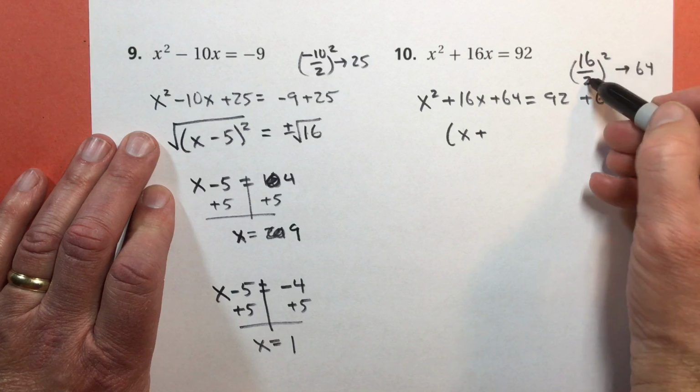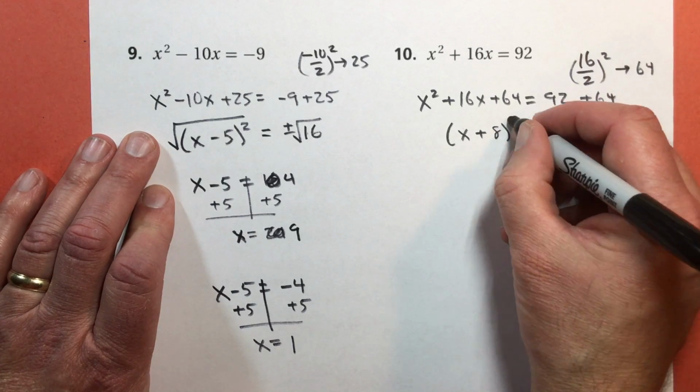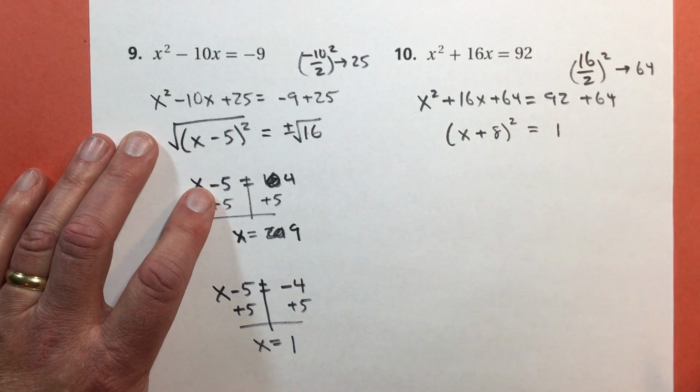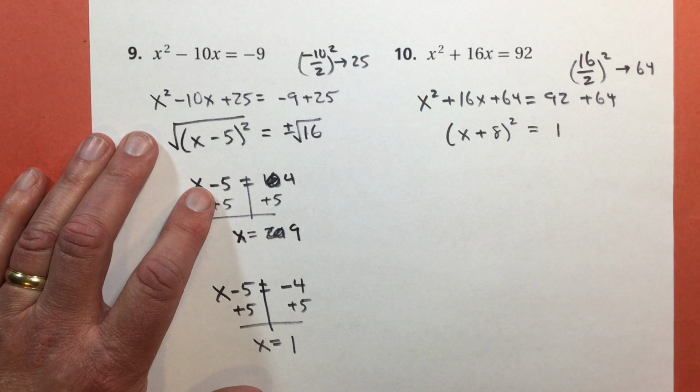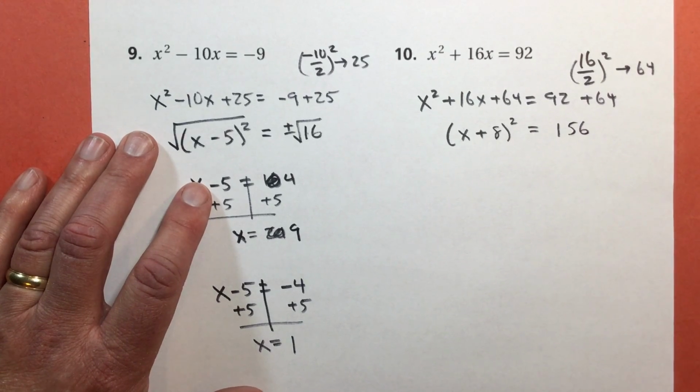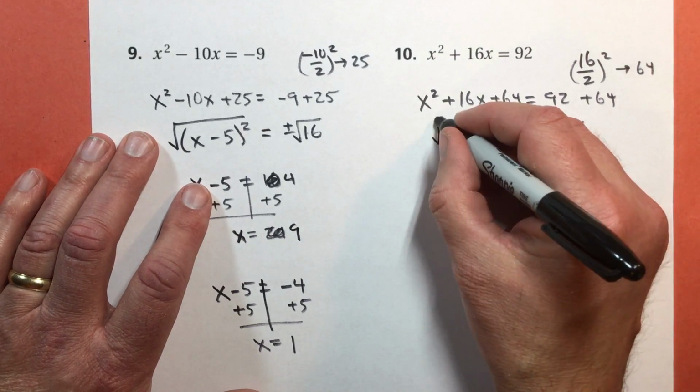I remember that 16 divided by 2 is 8, so I do x plus 8 squared. And 92 plus 64 should be 156, which is not a perfect square, so I wonder why they threw that in there.